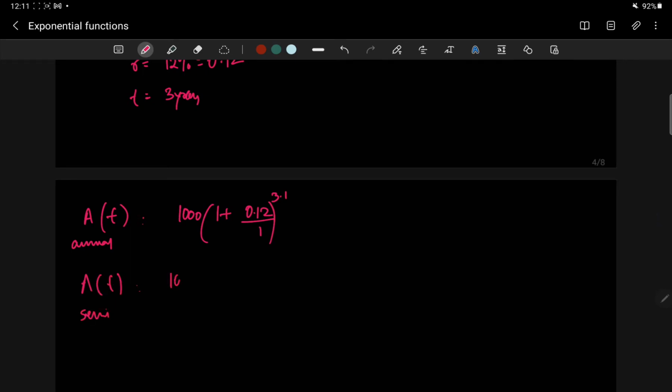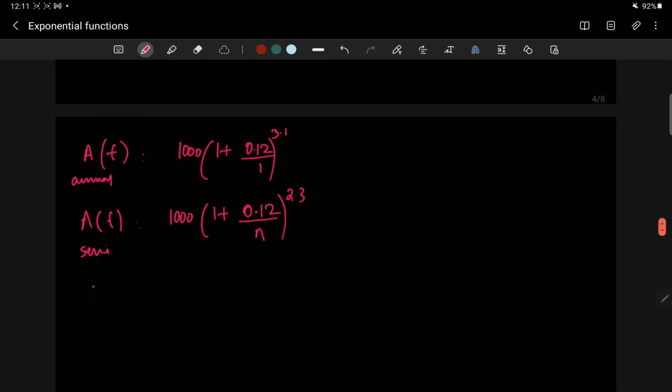Semi-annually, 1,000 times (1 plus 0.12 divided by n, which is 2) to the power 2 times 3. Quarterly, this would be 1,000 times (1 plus 0.12 divided by 4) to the power 4 times 3. Sorry, this should be 2 here.